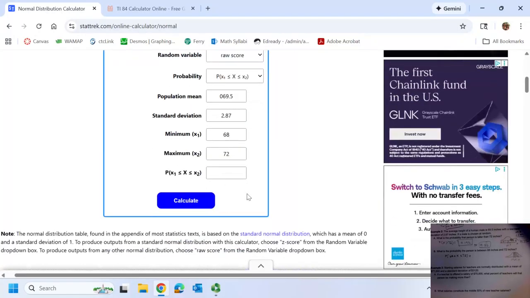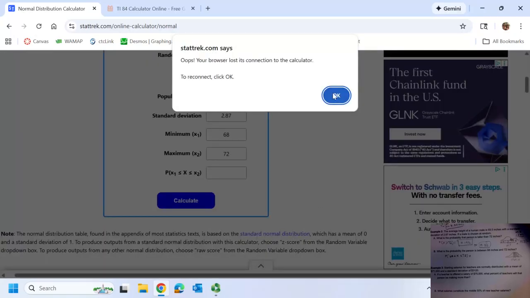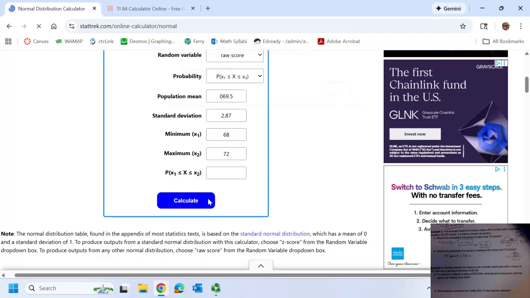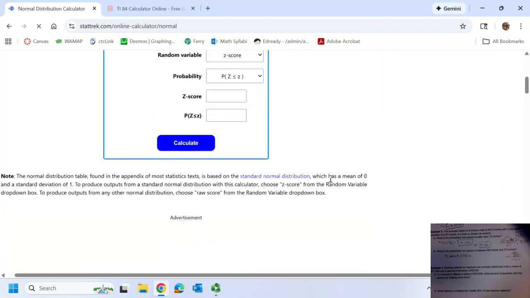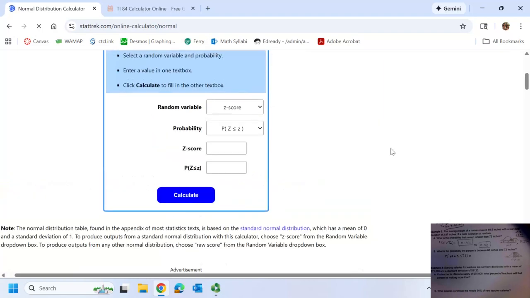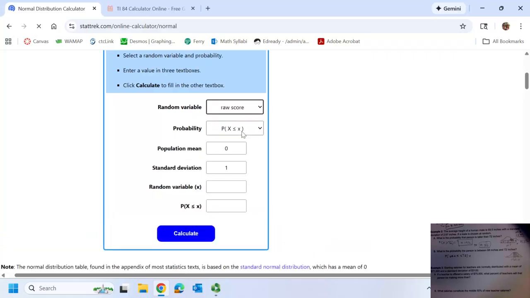I guess it was listening in. Calculate. Let's see if it'll still go. Oh, it didn't like that. Okay, let's try one more time. 72, make sure my internet's still there. X is in between.